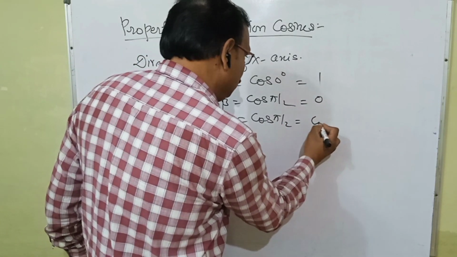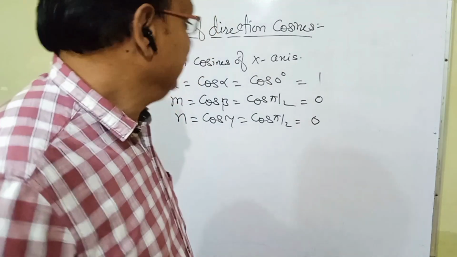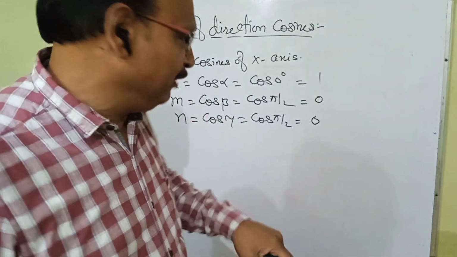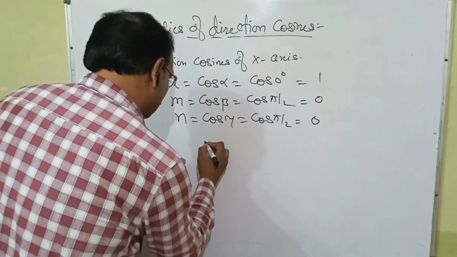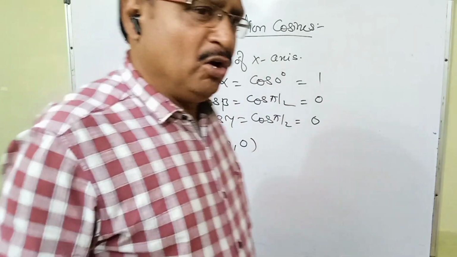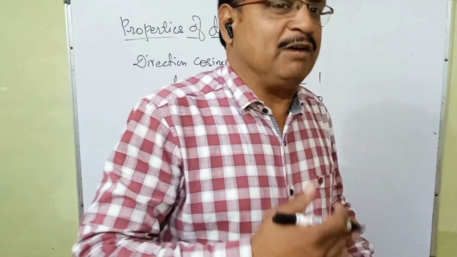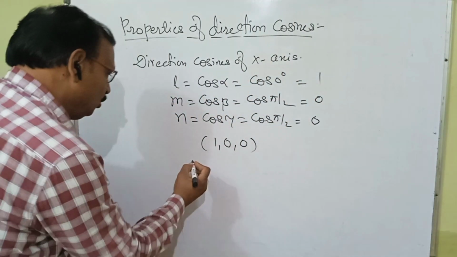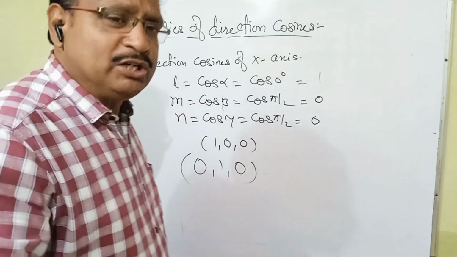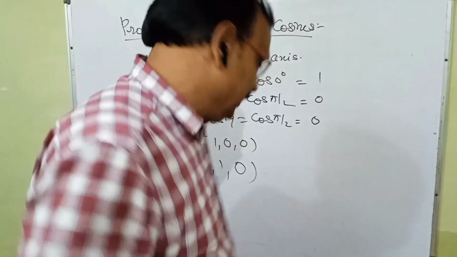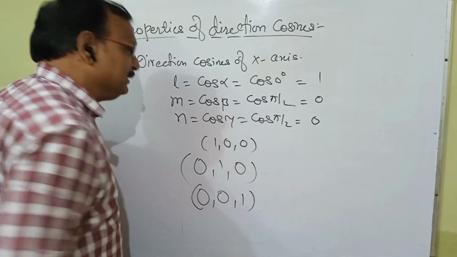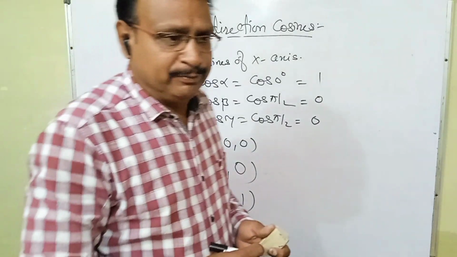So direction cosines of x-axis will be 1, 0, 0. Similarly, direction cosines of y-axis will be 0, 1, 0 and direction cosines of z-axis will be 0, 0, 1. This is its second property.